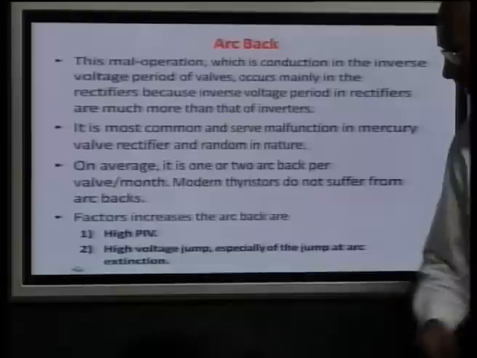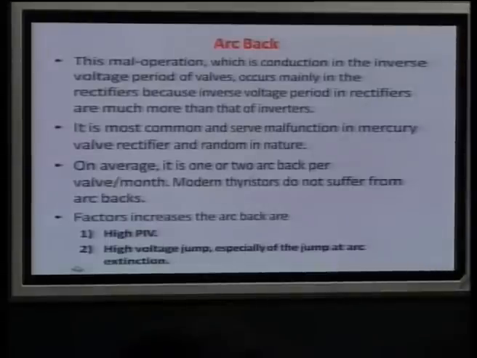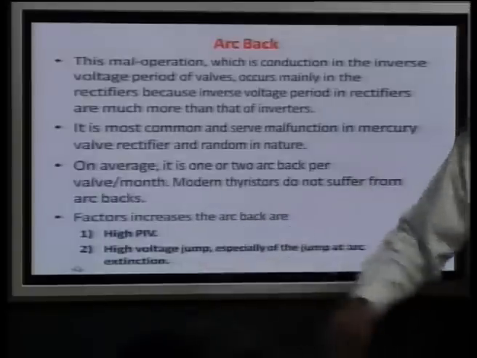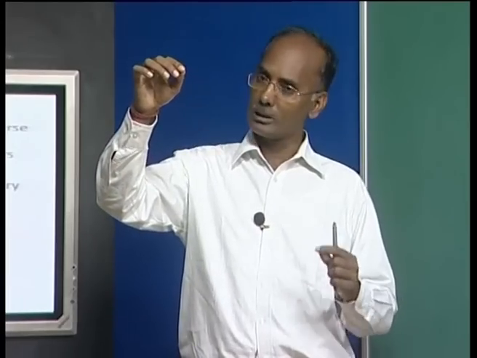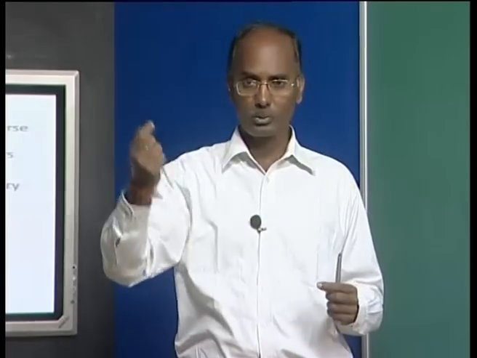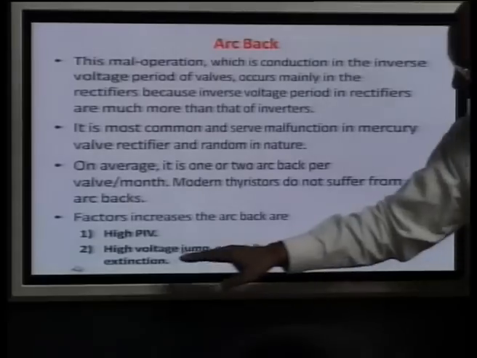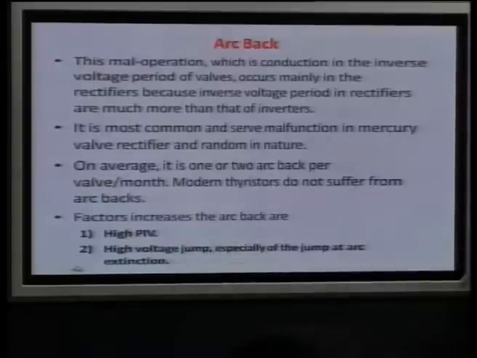The first factor that increases the arc back is the high peak inverse voltage. If the voltage across the valve is very high, the valve may conduct due to the high voltage. The second is the jump at the arc extension.